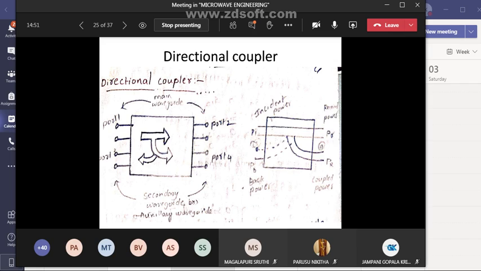The power traveling from port 1 to port 2 is coupled to port 4, the power traveling from port 3 to port 4 is coupled to port 2, and the power traveling from port 2 to port 1 is coupled to port 3, not port 4.